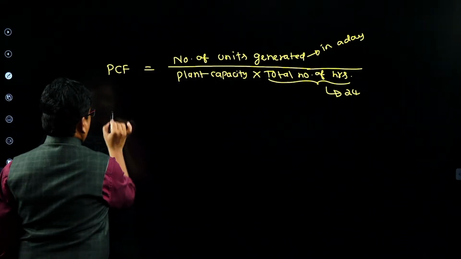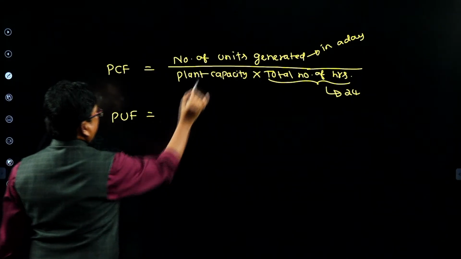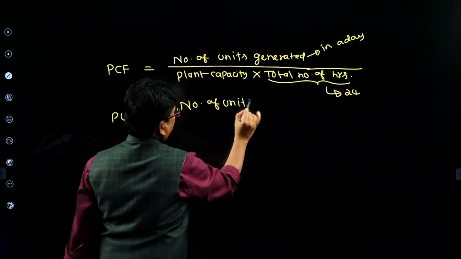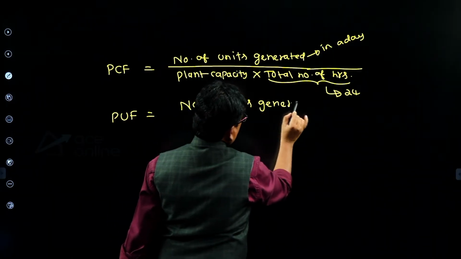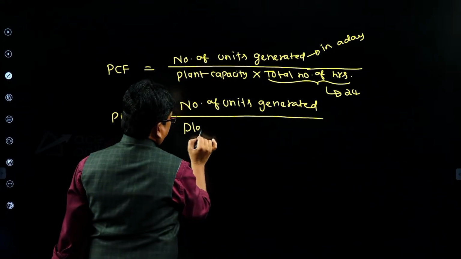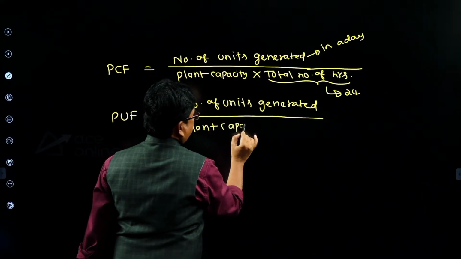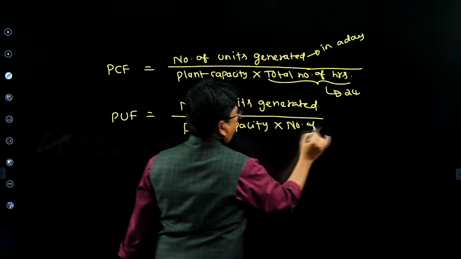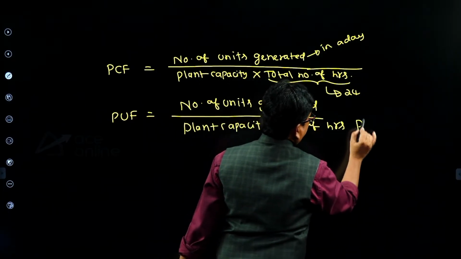If you go to the plant use factor, the numerator is the same, number of units generated divided by plant capacity into number of hours plant is operated.